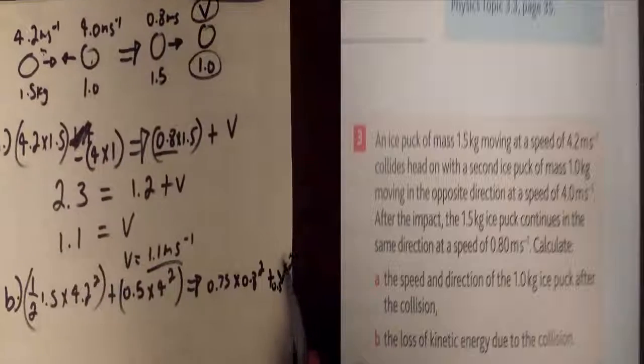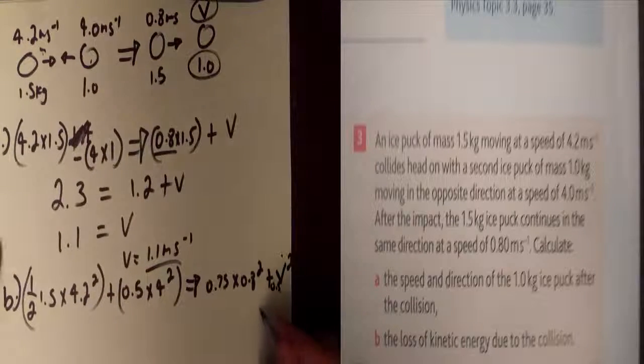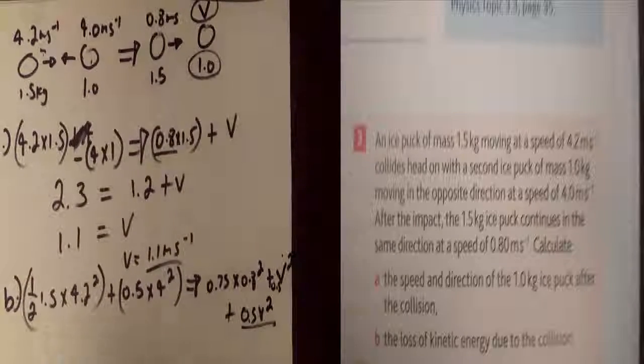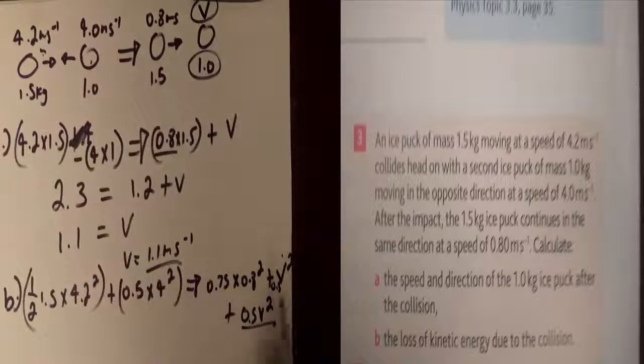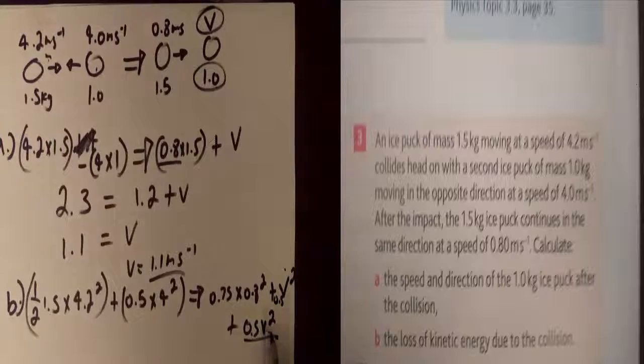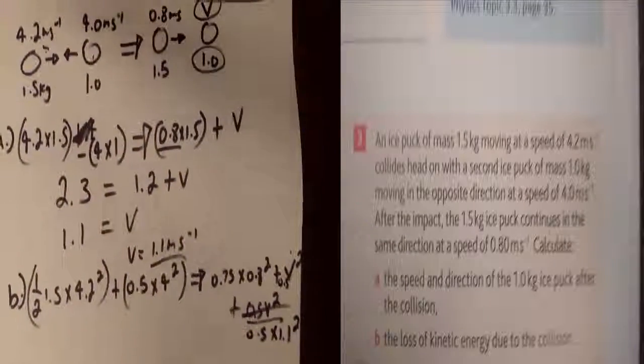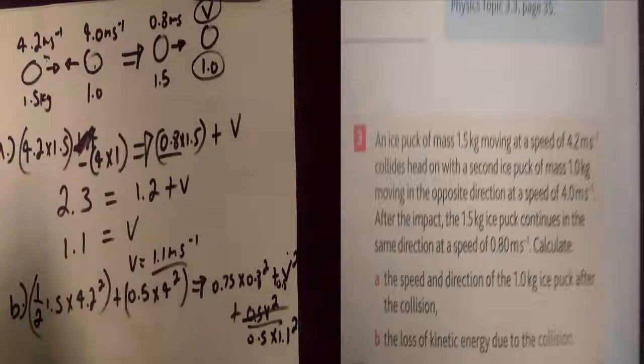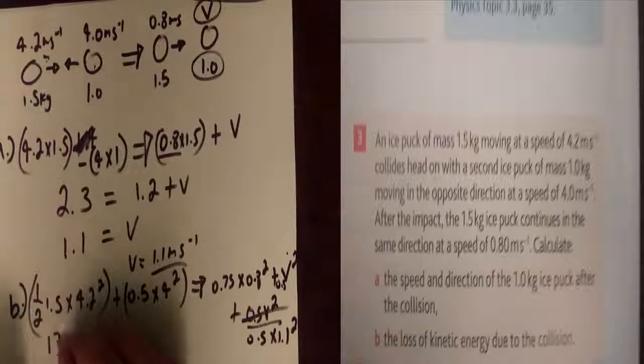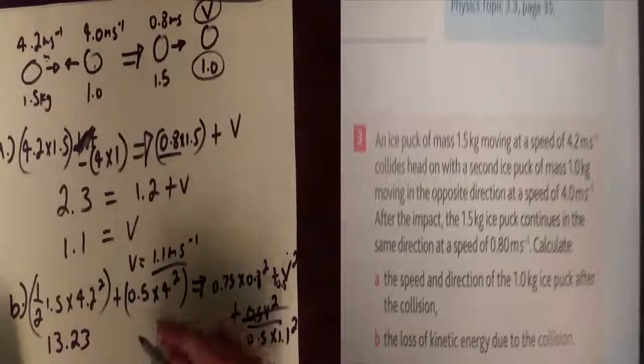Right. Sorry about losing it on the edge. Let's write that again here. 0.5 V squared. Okay. So we know V now though. So that'll be 1.1. Okay, that's better. Right, so let's work this one out. 0.75 multiplied by 4.2 squared is going to be 13.23.